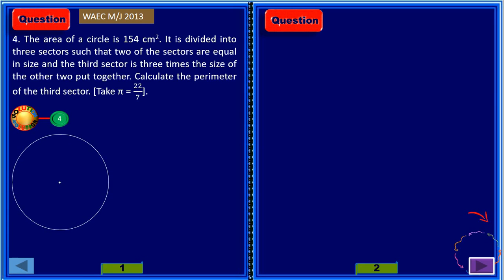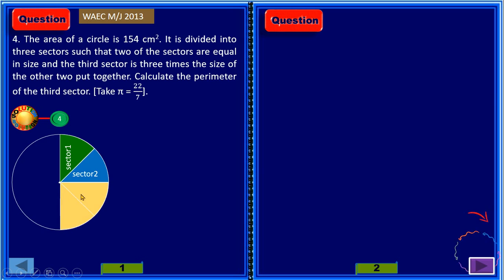This is the circle. This is one of the sectors, and this is another sector. These 2 sectors, if we add the area of these two together, it will be 3 times. 3 of these will be 1 of these.